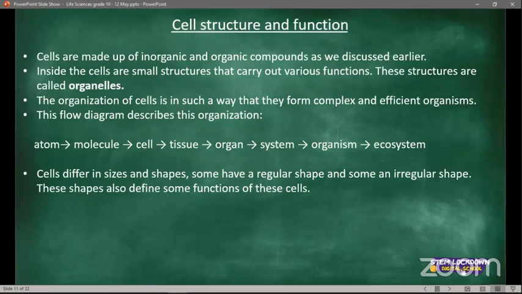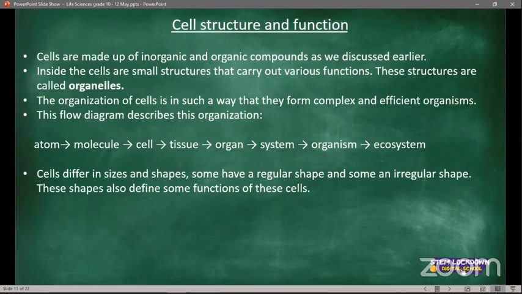And inside these cells are small structures that carry out various functions. These structures are called organelles. So inside our cells, we have organelles. It is similar to humans: our human body system has organs, so cells also have organelles.